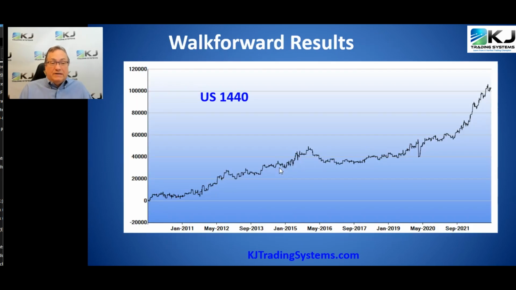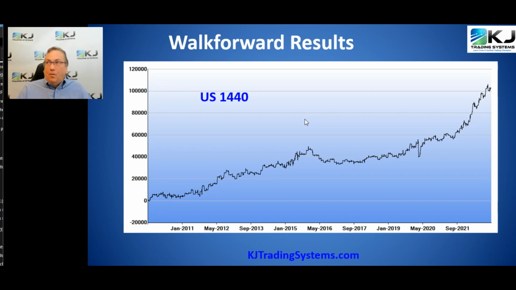Here's some walk-forward results. This is the 30-year U.S. Treasuries, 1440 minute bar, which is also like a daily bar. It's a little bit different than a daily bar, though, in TradeStation, even though it's the same time period, and it has to do with how TradeStation calculates or includes the settlement price in the data.